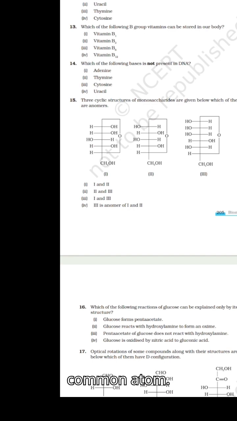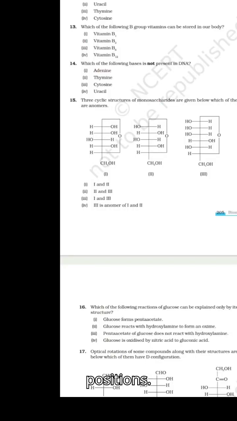Anomers contain a similar structure, but they differ only at a specific carbon atom, particularly C1 and C2. At those positions, they will have different functional groups. That is why they are called anomers. Anomers may be of two types.